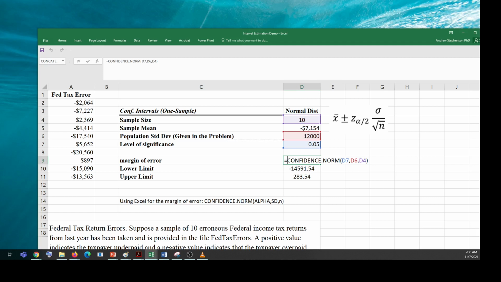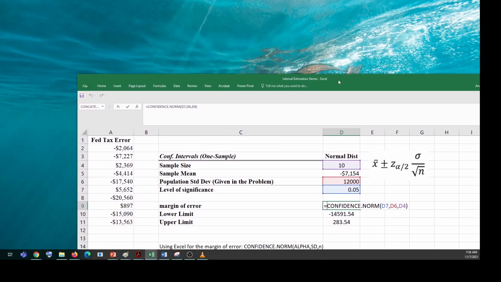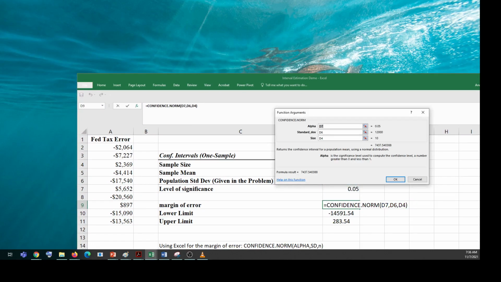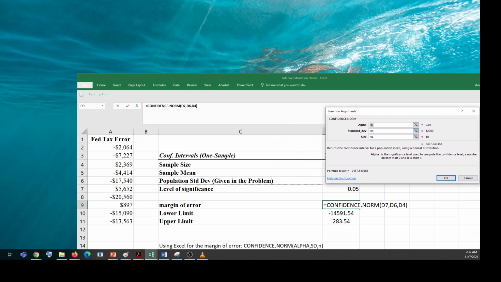So let's see the components of this thing. For this, I like to go up to the function. Once you select the formula, you can go up to the function up here and click on FX. Once you click on FX, you're going to see this dialog box open up, and it's going to tell you what you need to input. I like to use it because it tells you exactly what you need to put in.